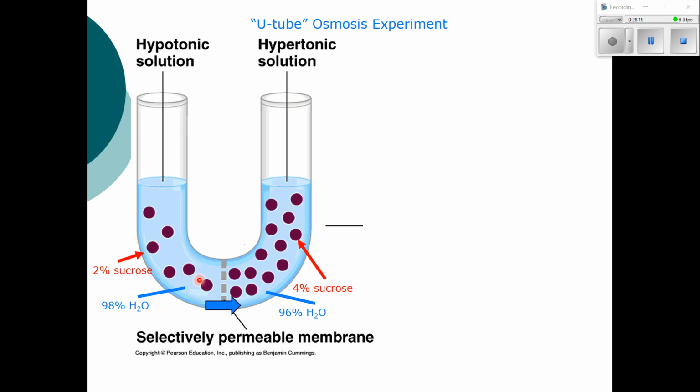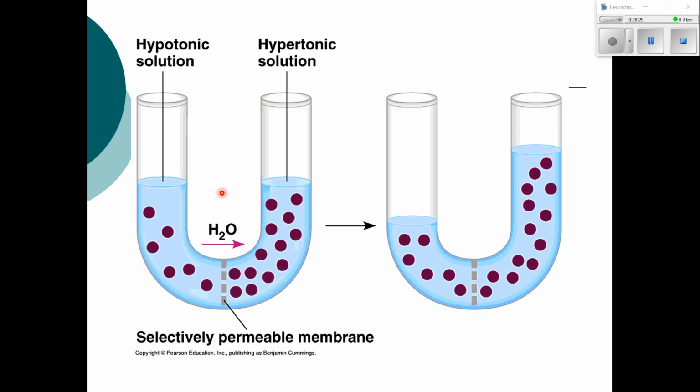And as water moves through the membrane, the level is going to rise on this side. And as water is lost from this side, the level will drop. And it'll look like that. That'll be the end result.